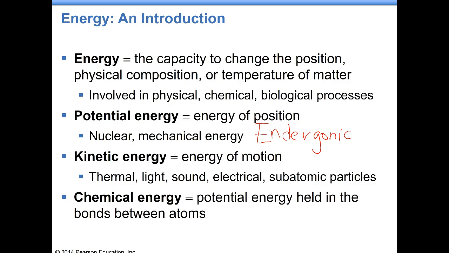So potential energy is anything that is stored, energy of position, not being released yet. Nuclear energy, mechanical energy. You could be sitting on a bicycle and not going anywhere, and that's potential energy that you have.